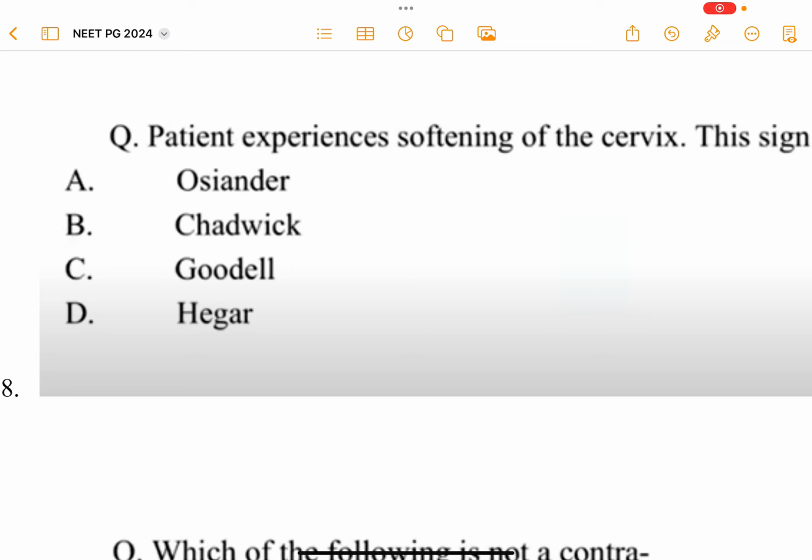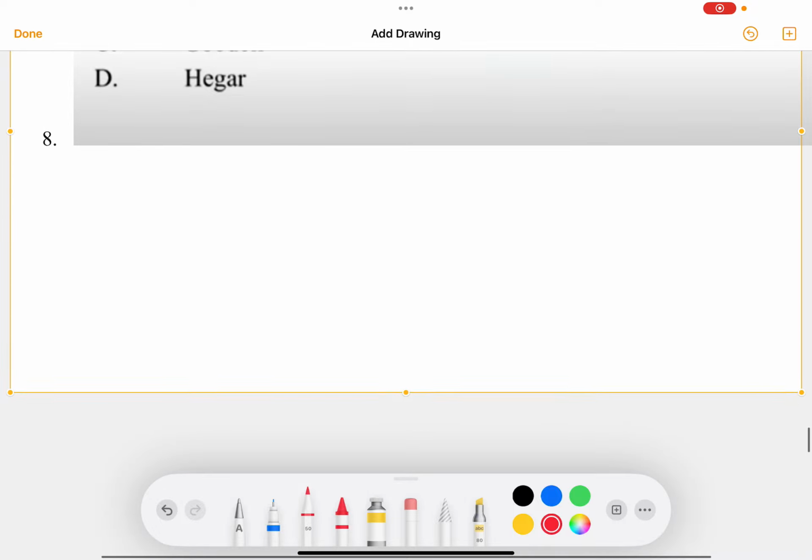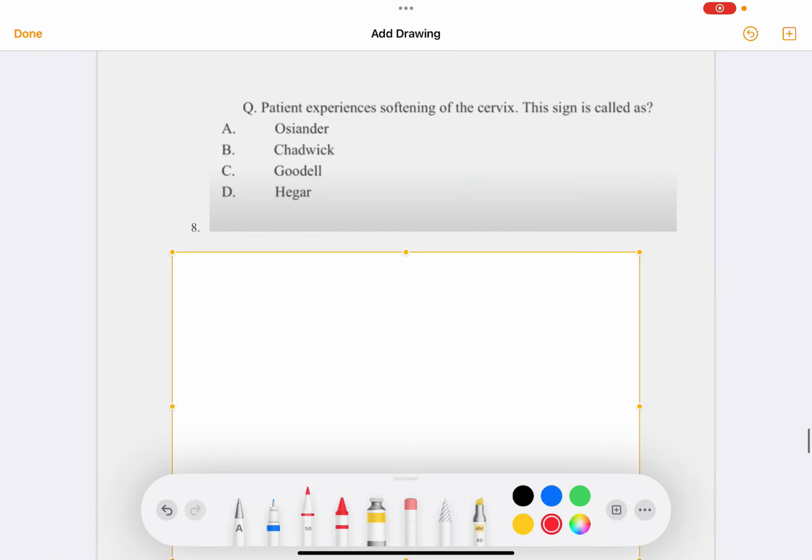Osiander's and Hegar's signs are also seen at 6 to 8 weeks of pregnancy. These are the signs whereby you try to look for whether the lower uterine segment has become soft or not. So a bimanual examination is done, and the bimanual examination will help us.